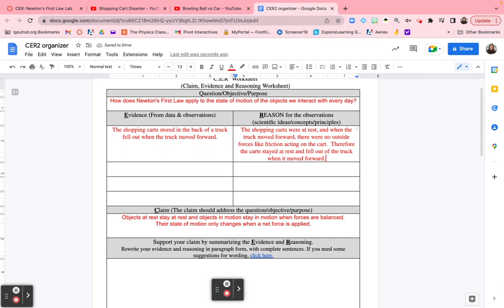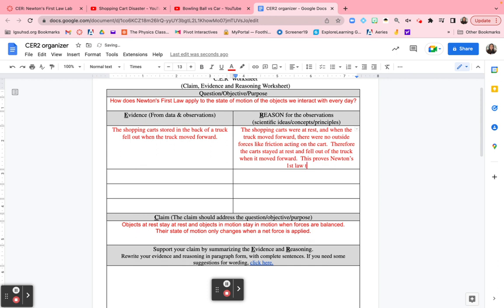So this is a really good reasoning because it takes the evidence, the fact that the shopping carts fell out of the truck, and relates it back to the shopping carts being at rest and staying at rest because there were no outside forces acting on it. So this would be an appropriate reasoning statement, and you can close it by saying, this proves Newton's first law that objects at rest stay at rest.